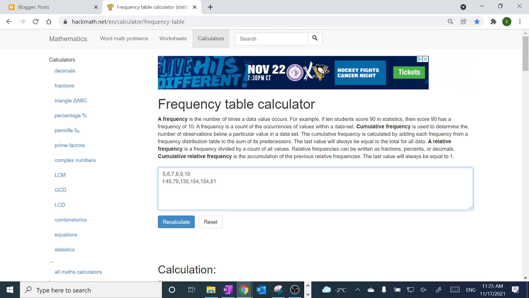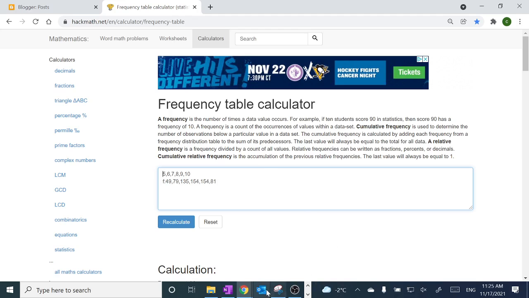Now, remember, we're not using Desmos for this because Desmos isn't great with frequency charts. You literally have to type in the number 5 49 times, comma, then the number 6 79 times. And I don't know why Desmos doesn't work with frequency, but that's the way it is right now. It's the one thing Desmos isn't great at. Everything else it does better than all these other apps, really.